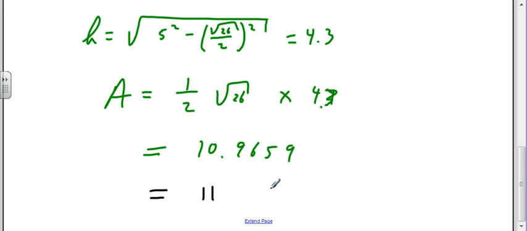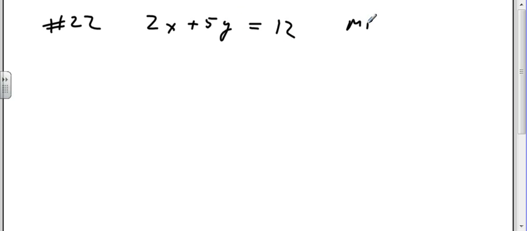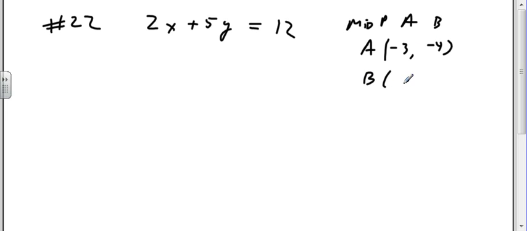Number 22. Find the equation of the line perpendicular to the line 2x plus 5y is equal to 12, and through the midpoint of AB, where A is minus 3, minus 4, and B is 7, minus 8.